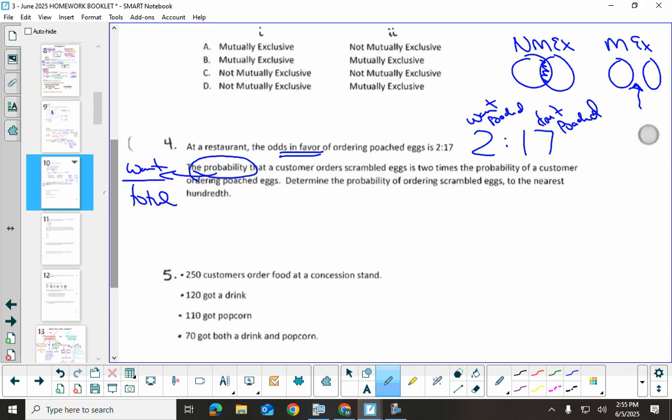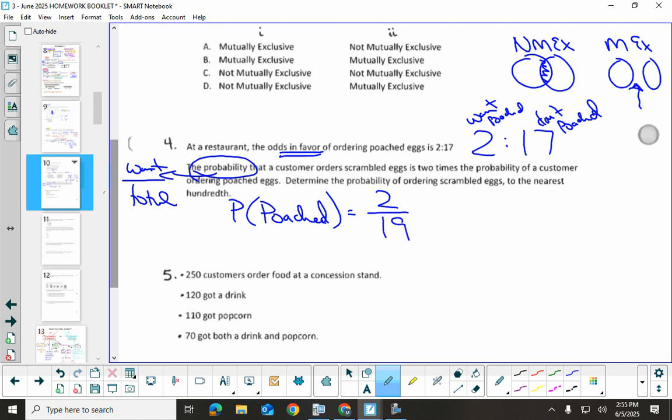The probability that a customer orders scrambled eggs, so again, they changed the condition on us, is 2 times the probability that they ordered poached. So we need to find poached. So we want poached. So poached is 2. What is the total? It's not 17. What is it?